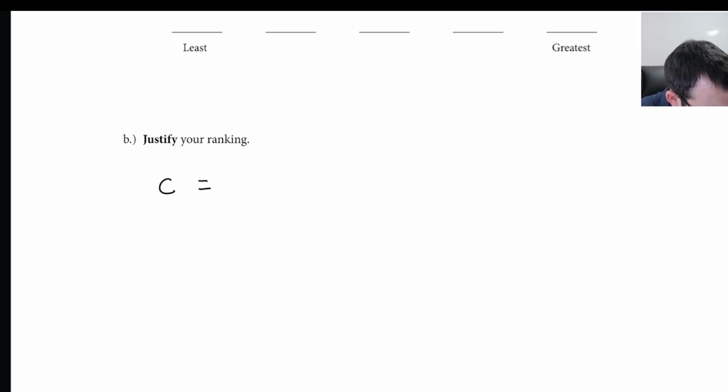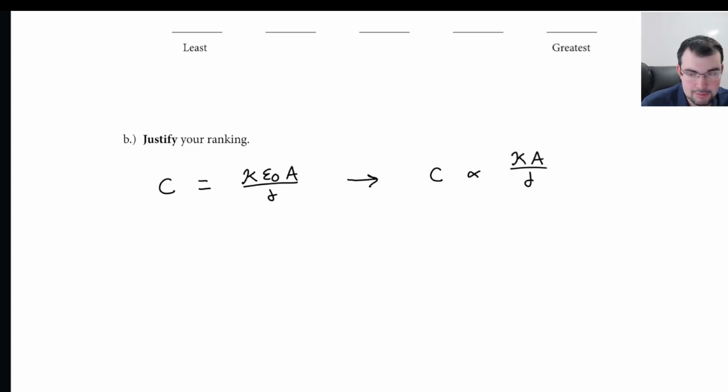Capacitance is kappa epsilon naught A over D. So that means that capacitance is proportional to kappa, the dielectric constant, on the numerator, area on the numerator, and the plate separation D on the denominator.